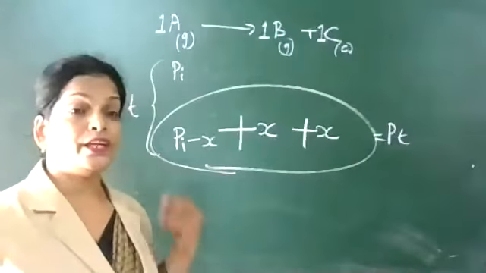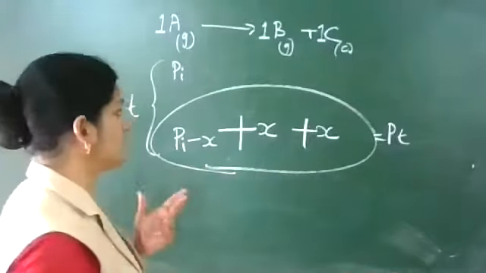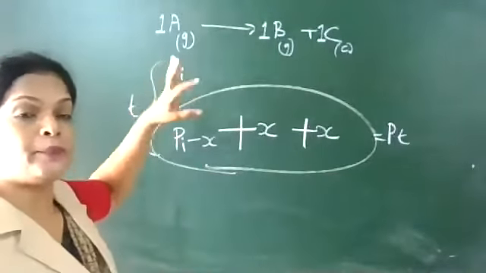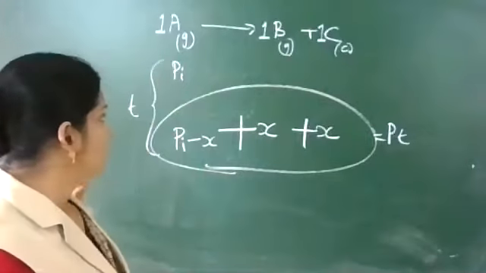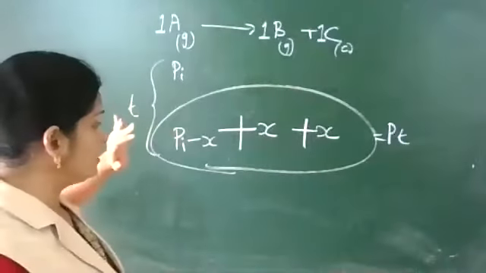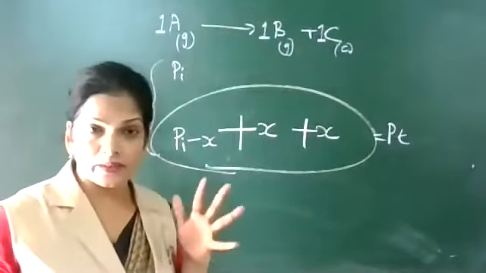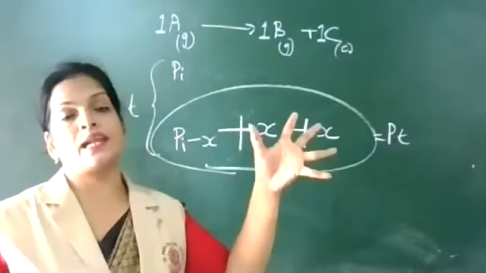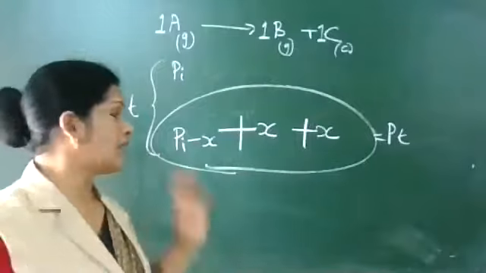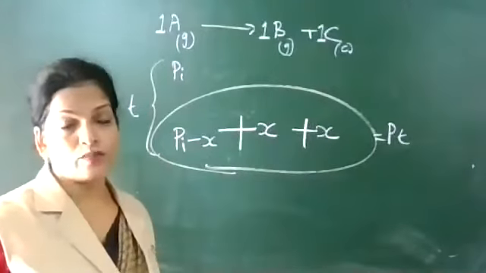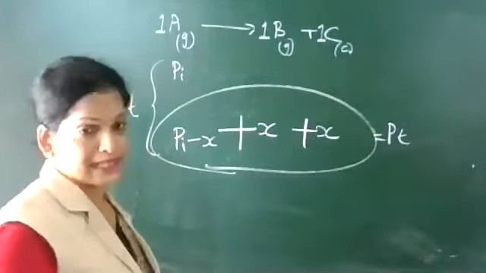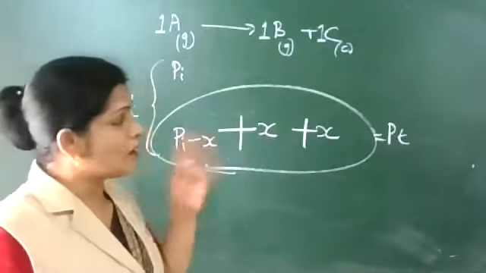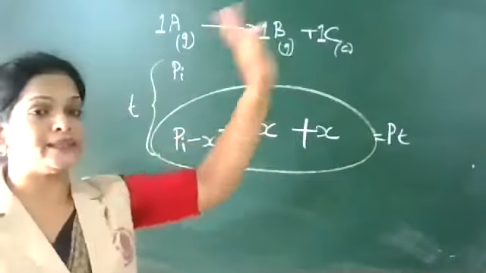Once again, initially, at the starting of this reaction, only A was there. Let its pressure be Pi, that is P naught. After a time t, that Pi is not there for A. From Pi, something is less. What is less? X is less. X gone.